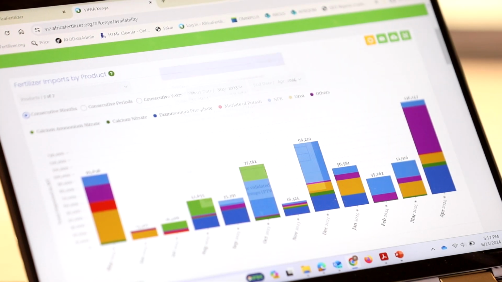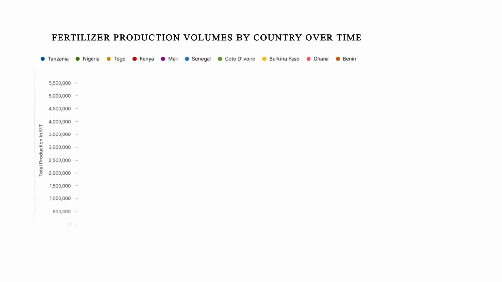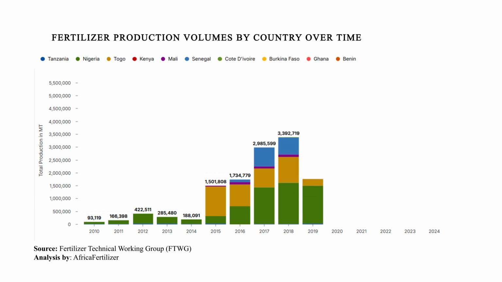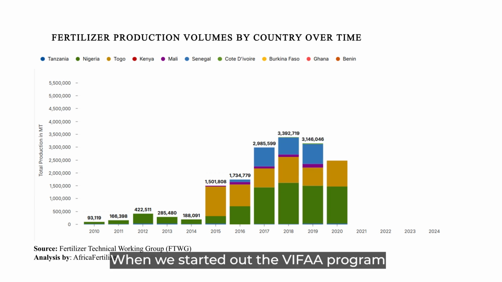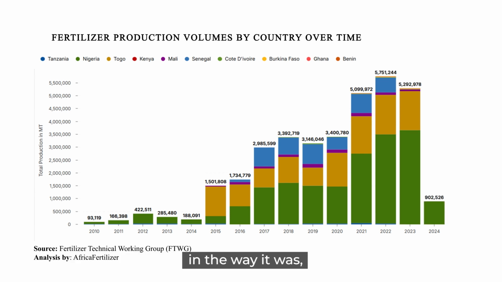These interactive tools are not just improving access to fertilizer information in the continent, they are building trust and transparency across the fertilizer value chain. Everyone is now empowered to make decisions that lead to better outcomes for agriculture. When we started out the VIFA program, we saw a lackluster adoption and consumption of data.